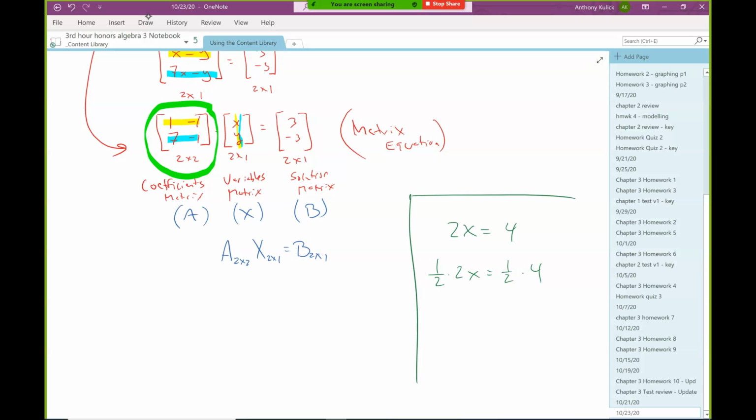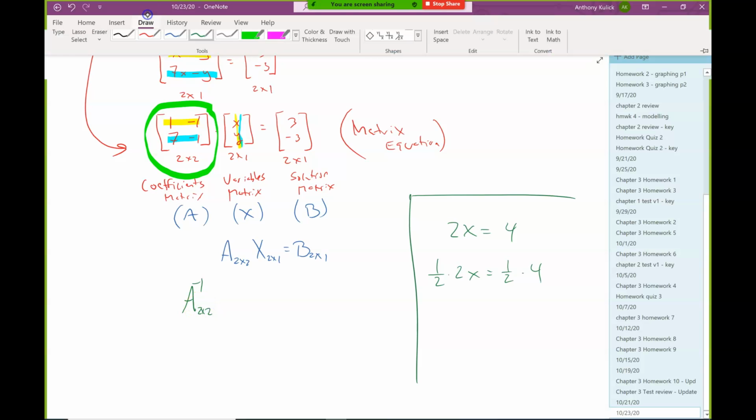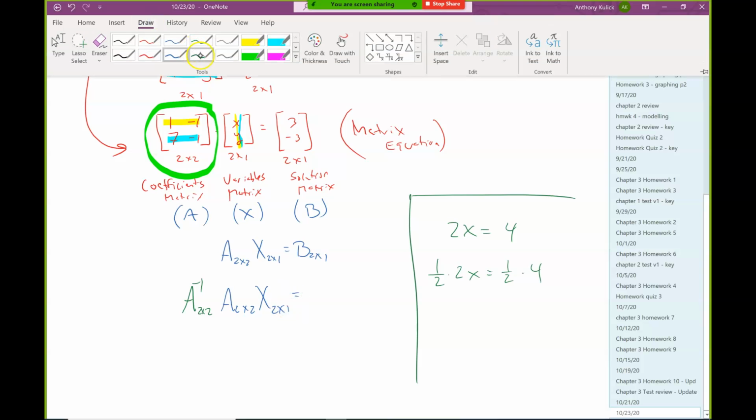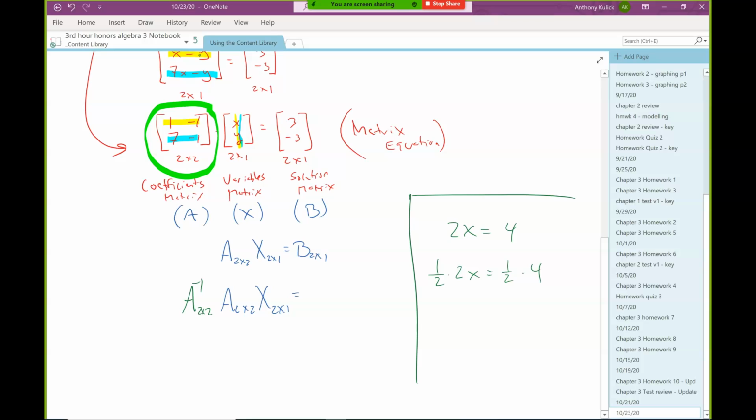In front of the A, right? So I have my A inverse, I have my A, and my X. And then where's my A inverse going to go? On the right-hand side. Right, we have to do it to both sides.